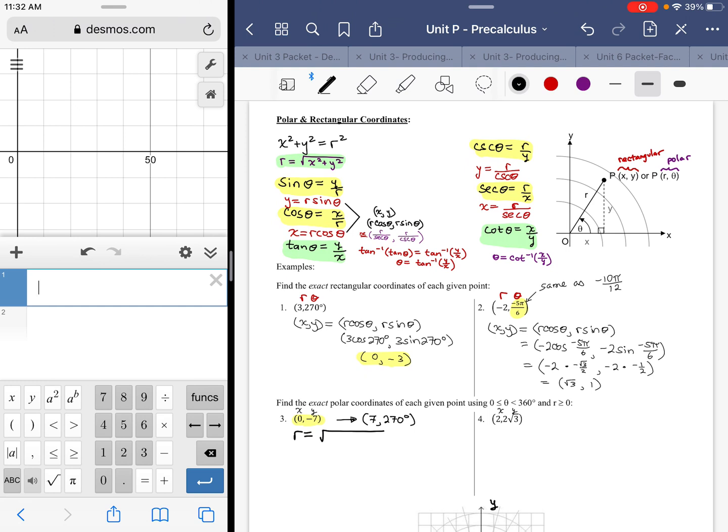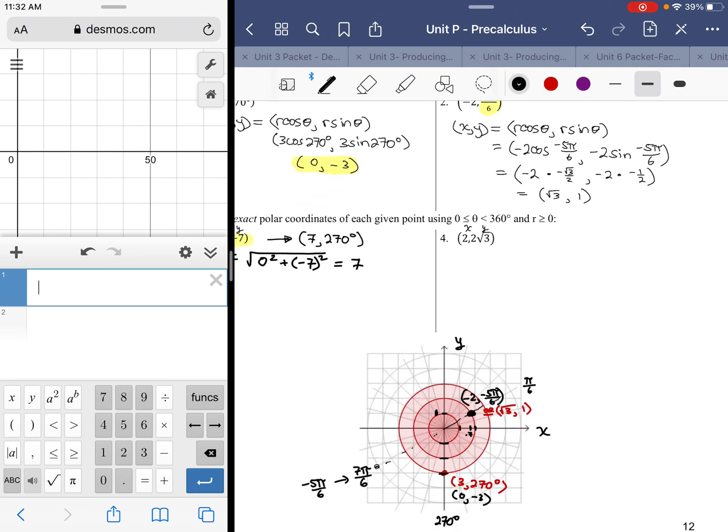So we'll see. Anyway, r is going to be equal to the square root of 0 squared plus -7 squared. The more time you spend doing these kinds of problems, the more you realize this really is an unnecessary computation, because if you're on an axis, and if you look at the diagram, which is a little iffy and very faint, hopefully you see that the rectangular coordinates coincide with the polar coordinates on the axes.